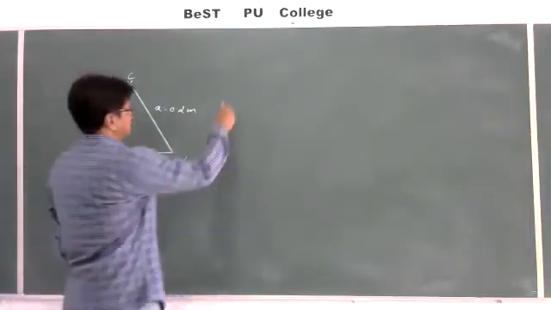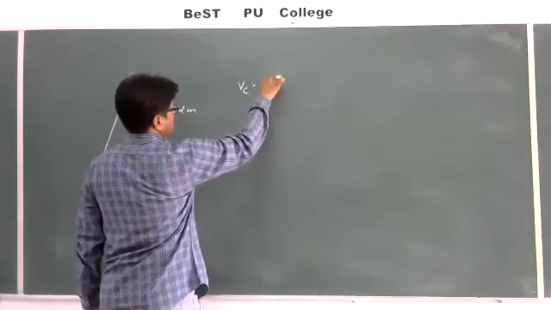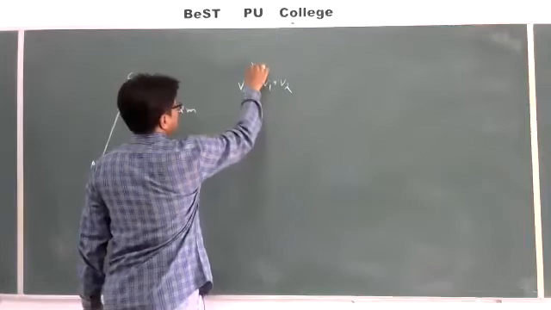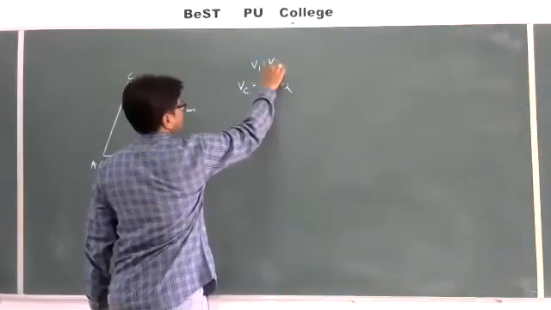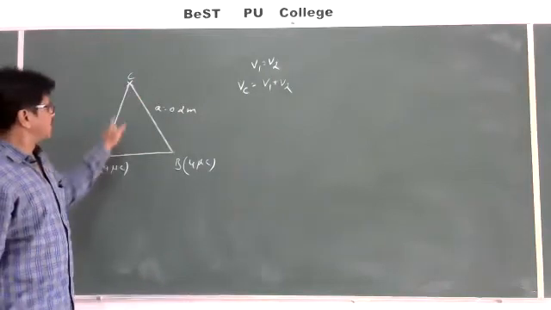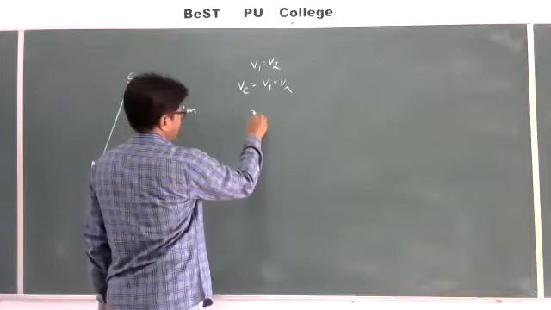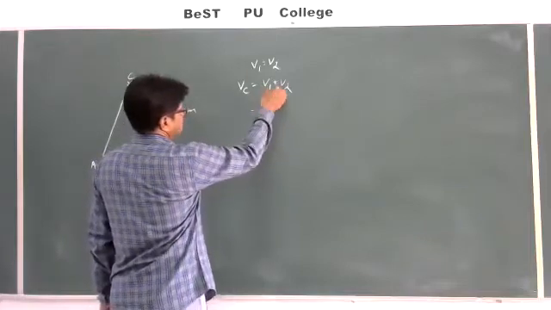Then I can say that the potential at C is equal to V1 plus V2. As we know, V1 is equal to V2. Since the potential is a scalar quantity, we can add them directly, where V1 is equal to V2.